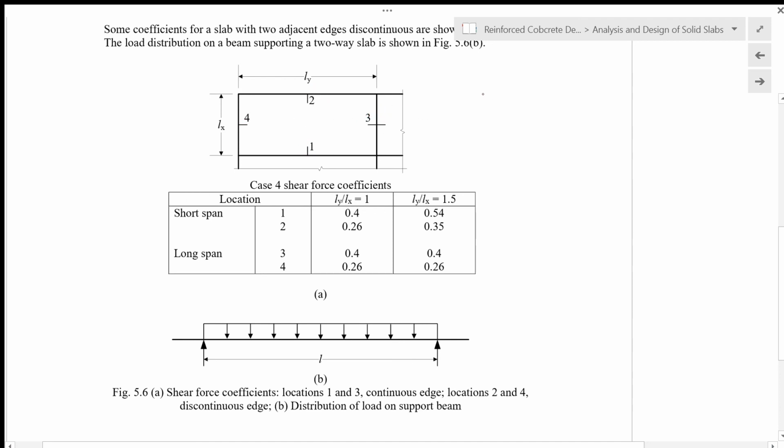So first of all, we look at a square slab. Okay, so we look at all the shear forces at these four supports. So this is 1, 2, 3 and 4, and this is for Ly over Lx equals to 1.